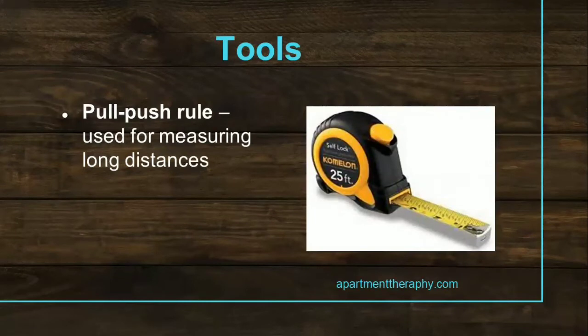It is even better, since it can return by itself to where it came from. If you are going to measure, for example, long distances of wood, or the distance between posts, all you have to use is the pull-push rule.